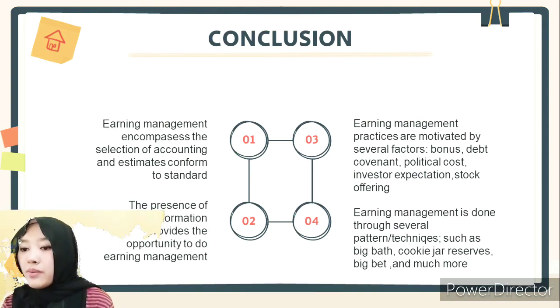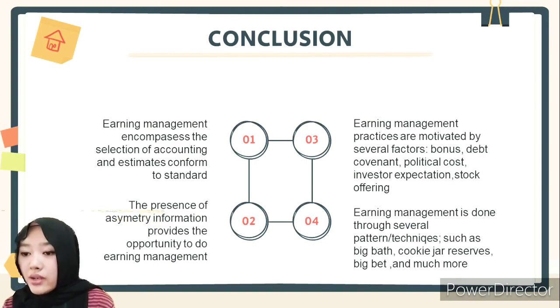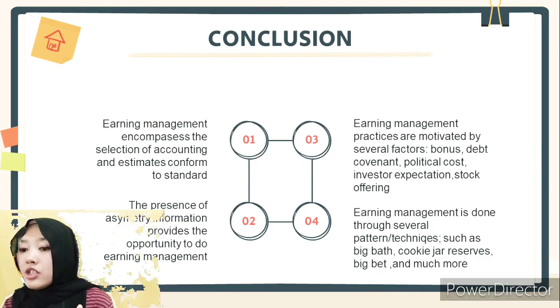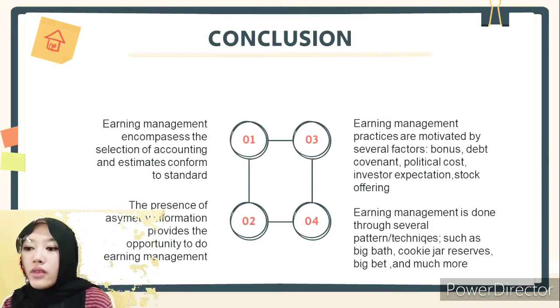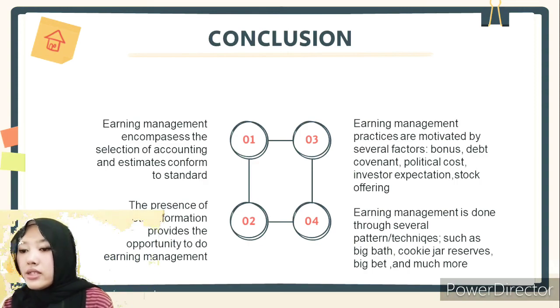An earning management practice is usually motivated by several factors such as bonus, debt covenant, political costs, investor expectation, and stock offering. And to do earning management, managers usually follow some patterns such as big bath, cookie jar reserves, a big bet in the future, and many more techniques.